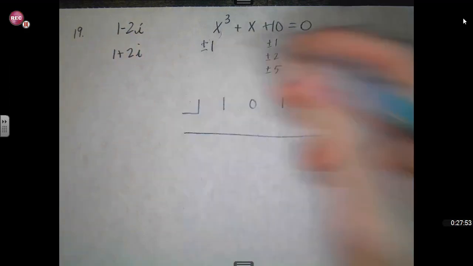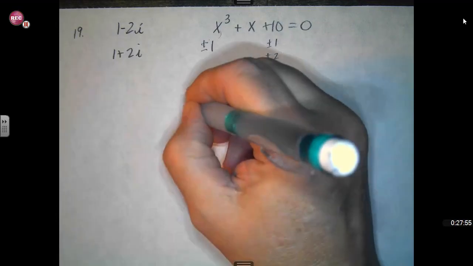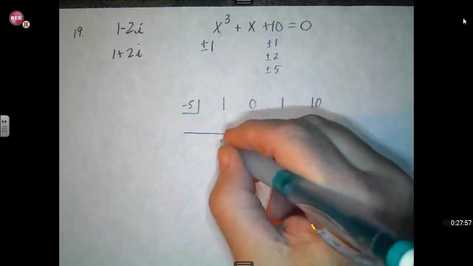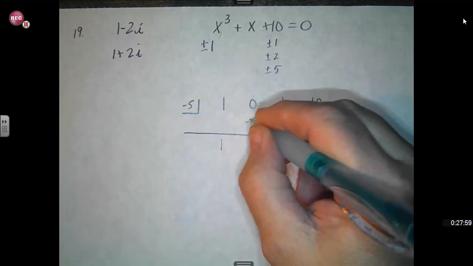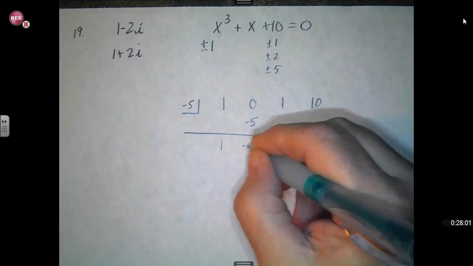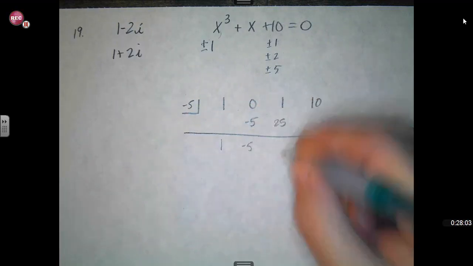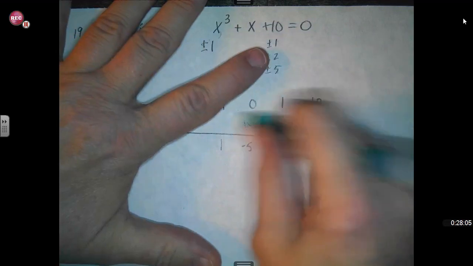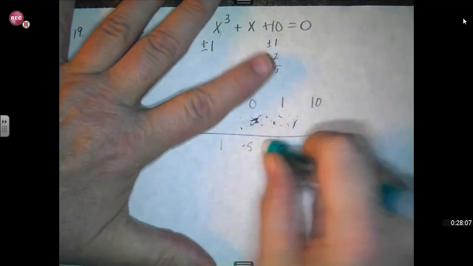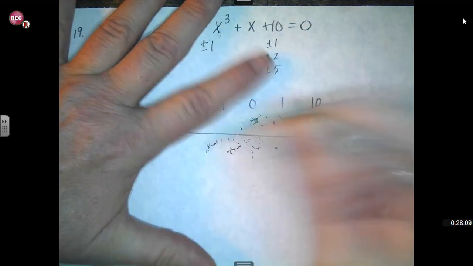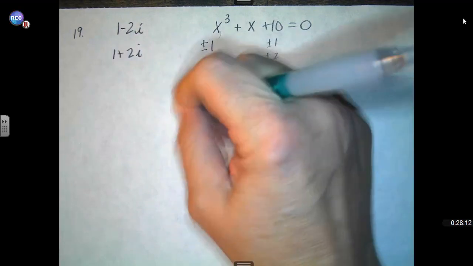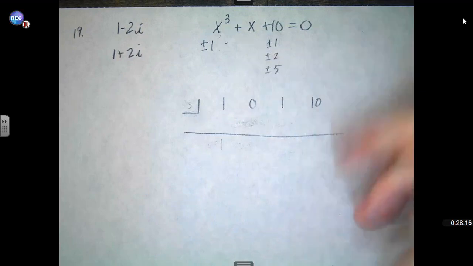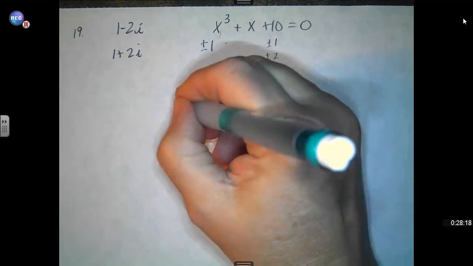And I'm going to just go out on a limb and say it's -5. And I get 1, -5, -5, 25, 26, and I was deadly wrong. And so I'm going to try -2.